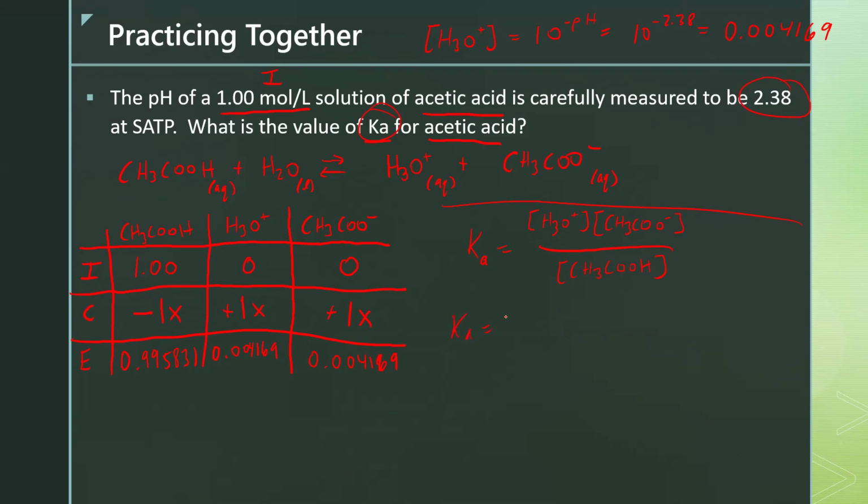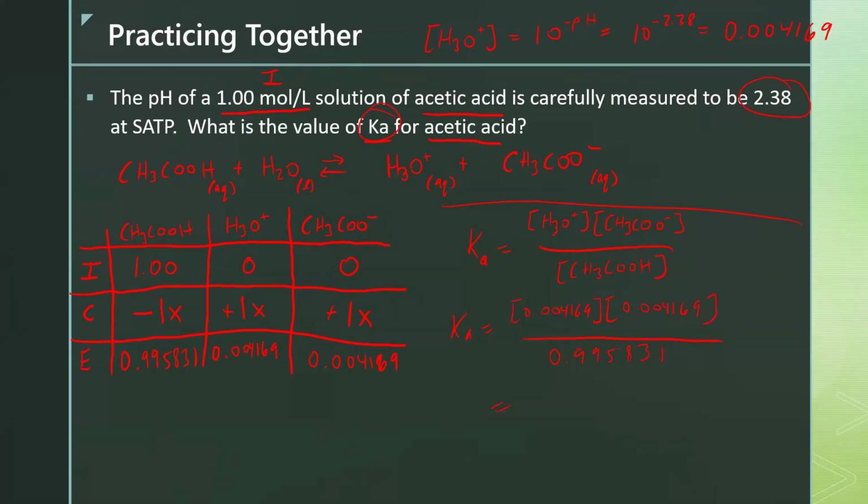So Ka equals H3O positive, well, that'd be 0.004169 times CH3COO negative, which is once again 0.004169. If you knew those numbers were the same thing, you could have just squared one of them. Anyway, divide that by 0.995831.